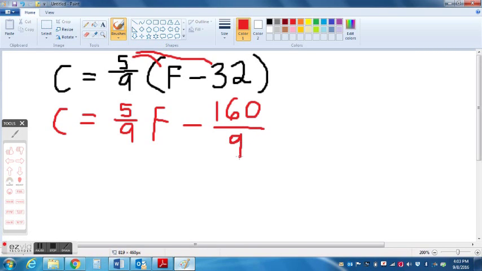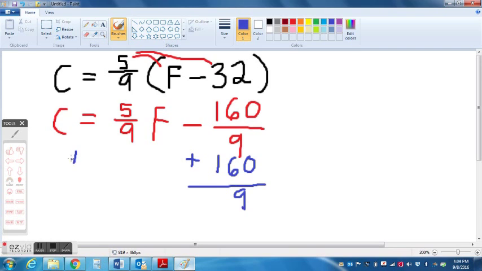And I'm going to add this 160/9 to both sides so that I can get rid of the thing that's farthest away from F, because that's going to be fun.